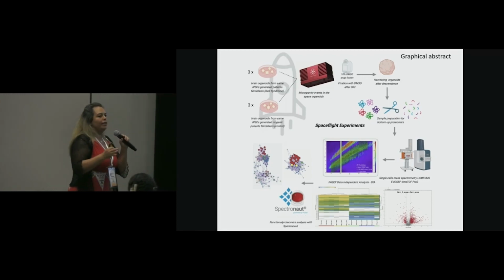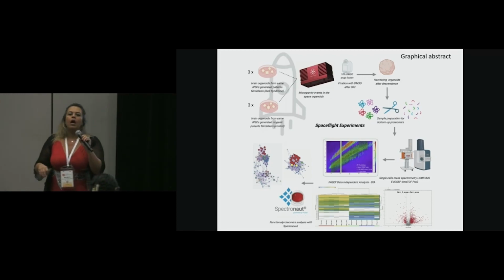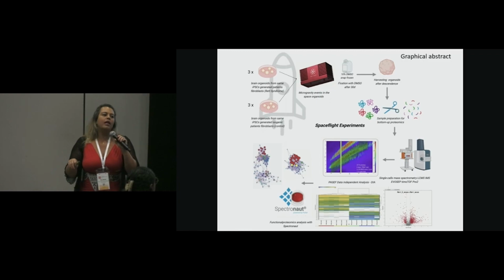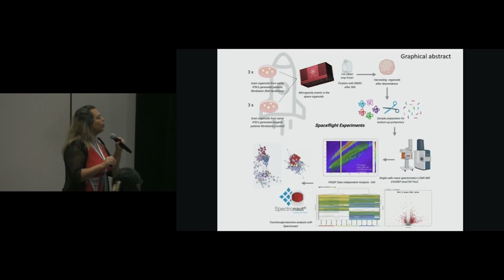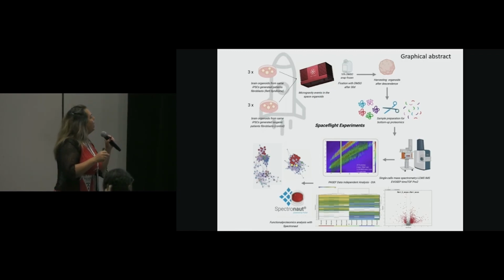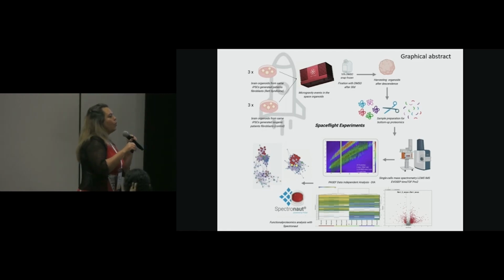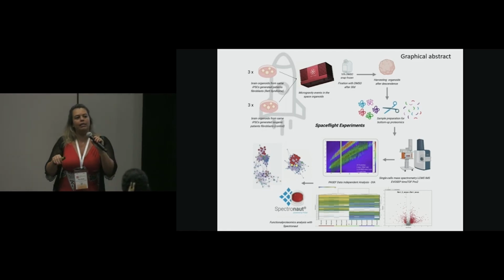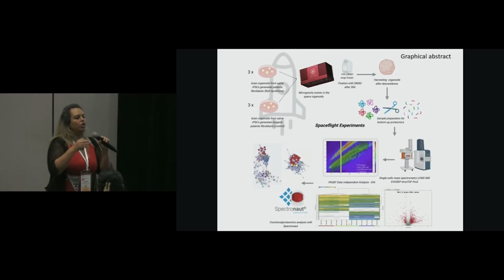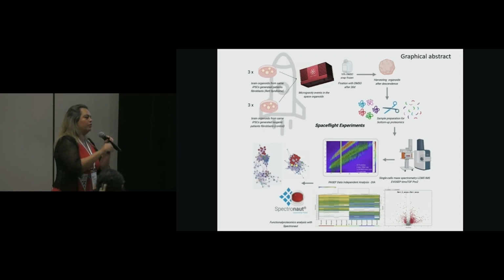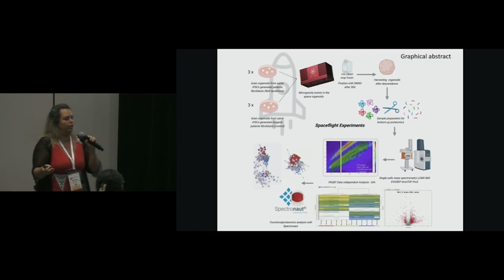So what we did was to use brain organoids that were generated from iPSC fibroblasts from patients that had Rett syndrome. Rett syndrome is one of the diseases on the autism spectrum. So we generated neural stem cells from these patients to build the brain organoids.